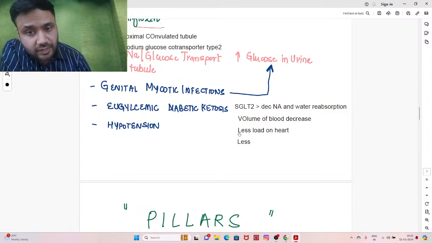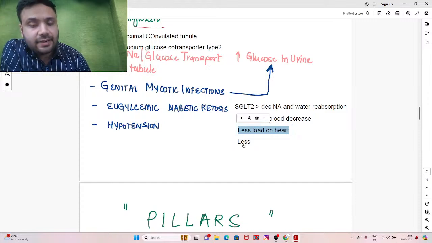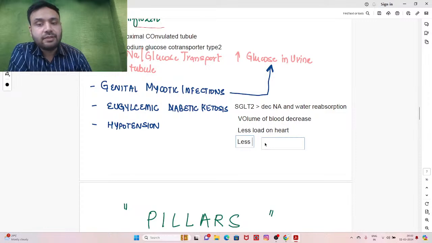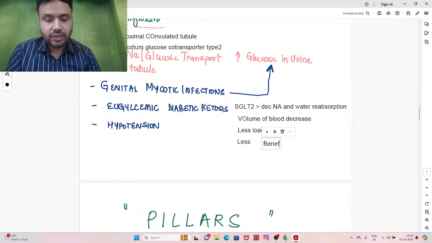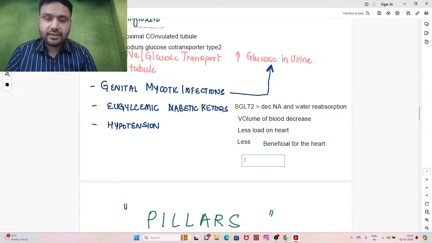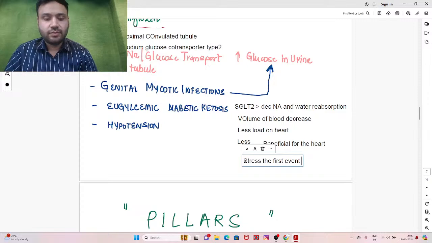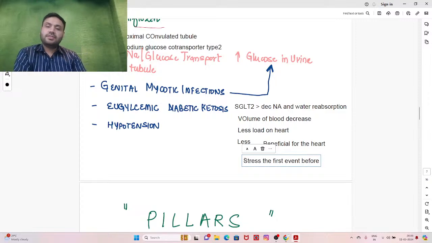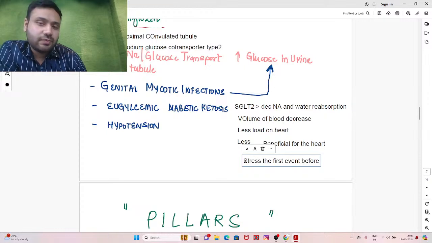This leads to less load on the heart, which is beneficial for the heart. As we all know, stress has been the first event before any of this started, right? Because it started with a plaque rupture, which was because of stress.